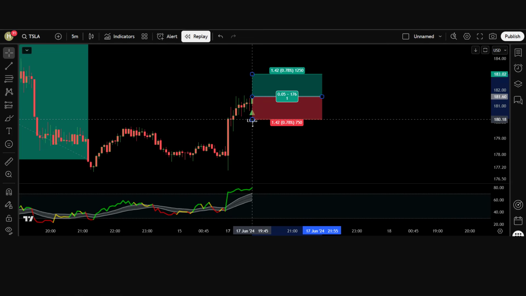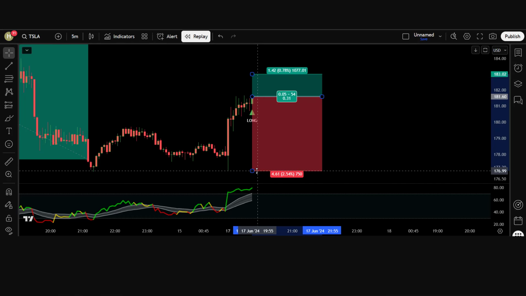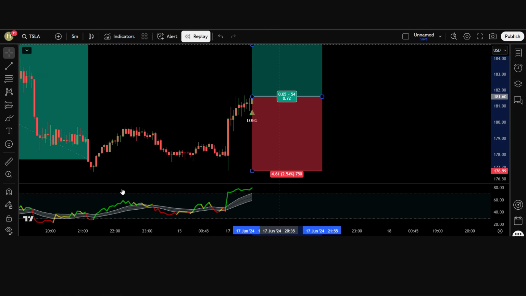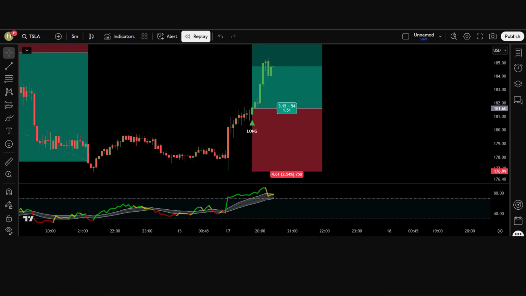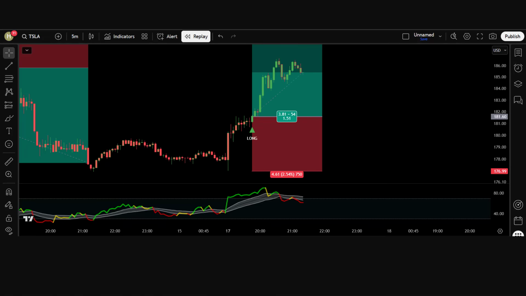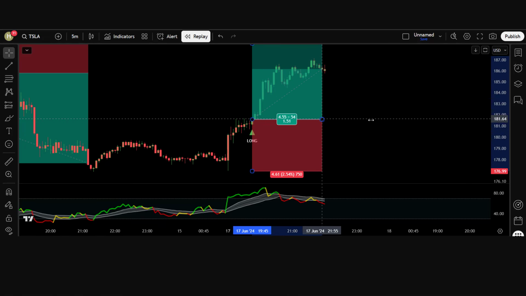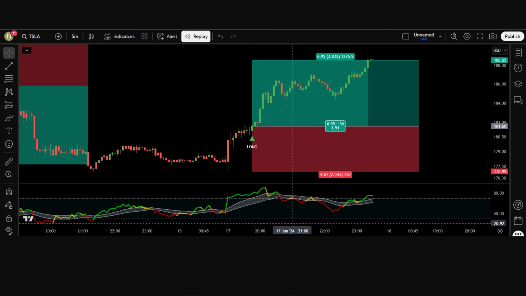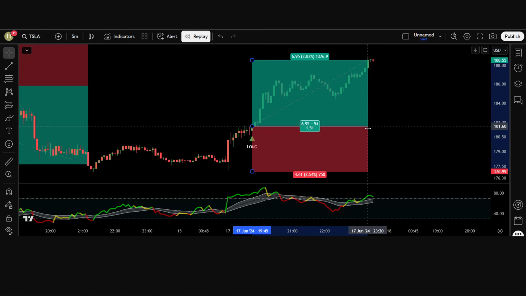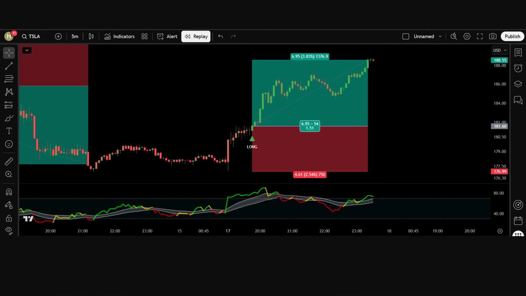Place your stop loss at the current market lower level, with a 1 to 1.5 risk-reward ratio. Let's see what happens to our trade. Our trade is running in profit. We have won the trade. Wait for the next signal.